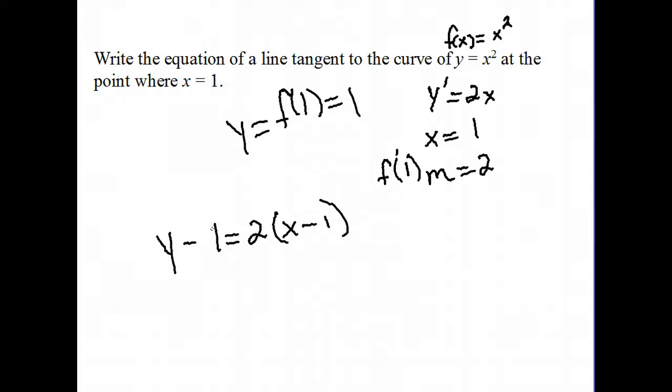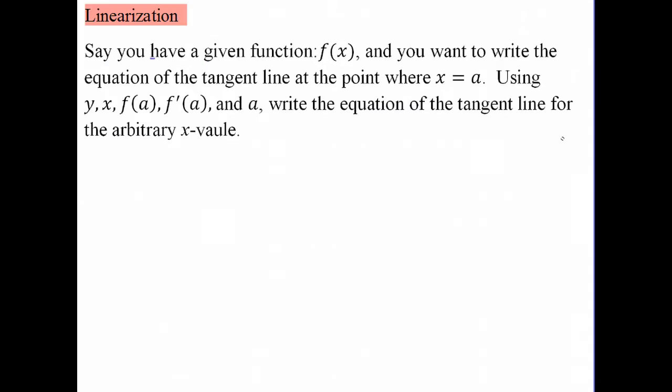And we're going to use that same process to give us a linear approximation. So let's say we just have an arbitrary function f of x, and we want to write the equation of the tangent line at the point where x is equal to some arbitrary constant a, using x, f of a, and f prime of a.